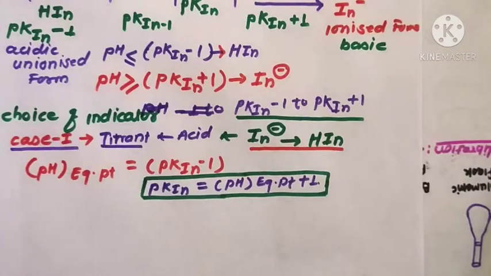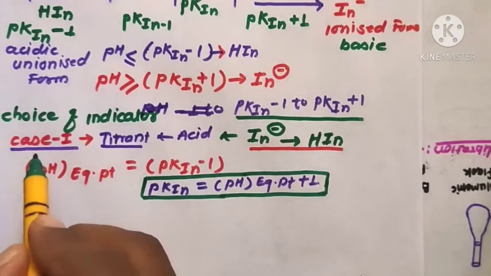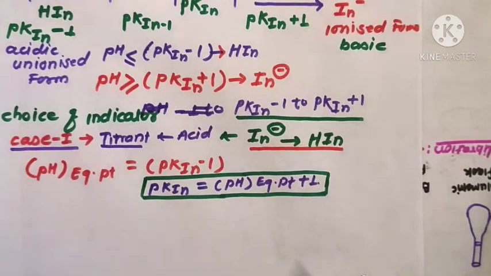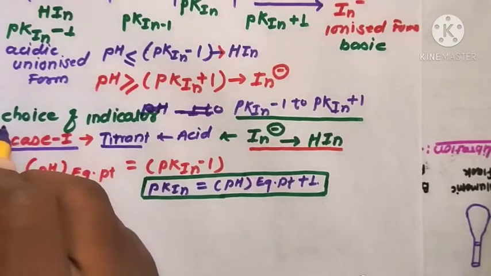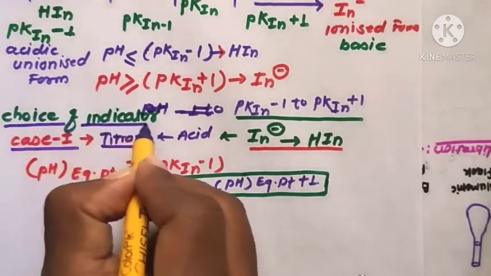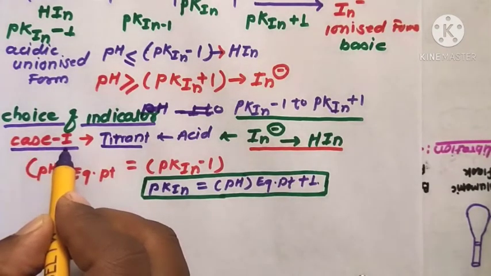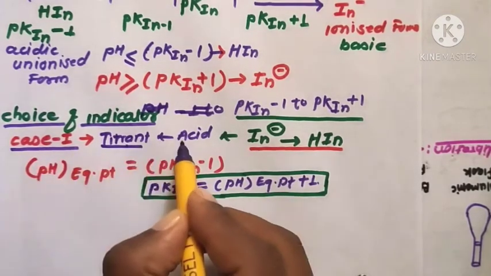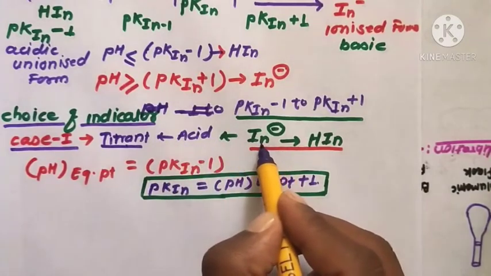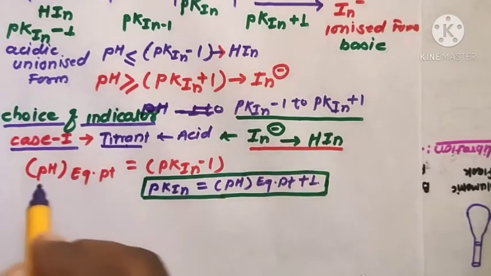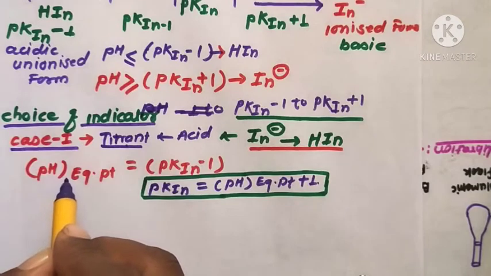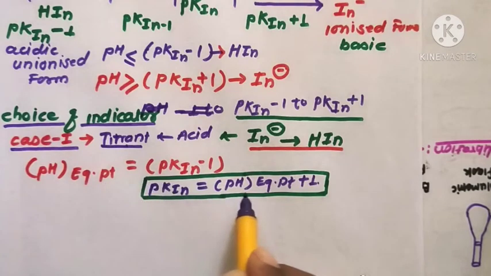Now the next point, the choice of indicators. The choice of indicators depends on the nature of the titrant. In the first case, if the nature of the titrant is an acid, then as the titration proceeds, the pH of the solution will decrease.